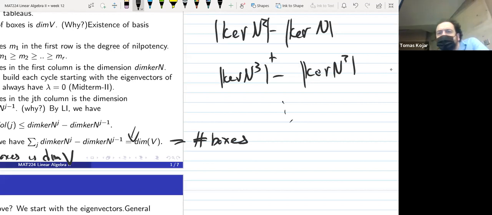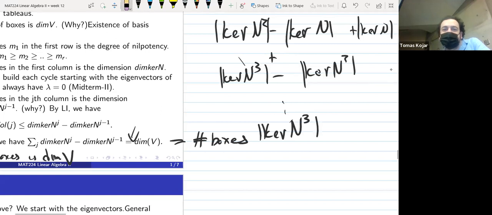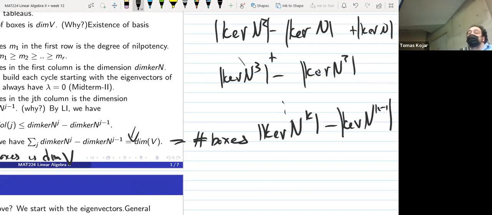You start from kernel of N and go all the way up to kernel of N^k minus kernel of N^(k-1), where k is the nilpotency. We're doing a general result here.